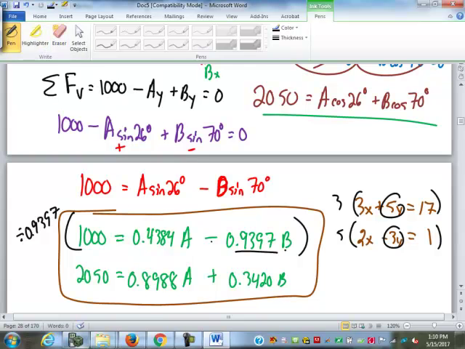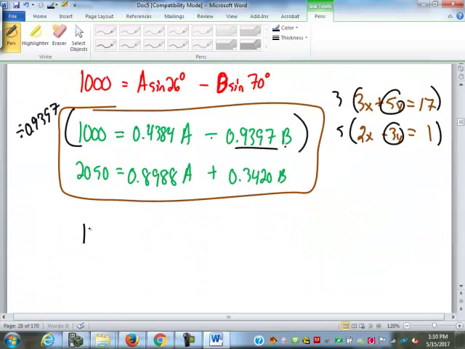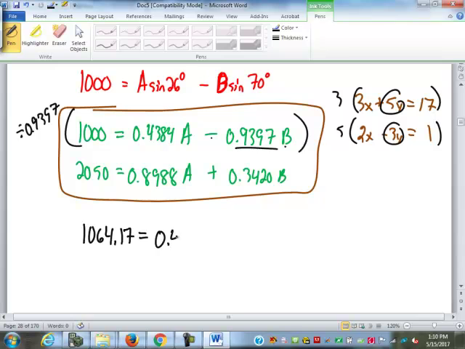So 1,000 divided by 0.9397 is 1,064.17 equals 0.4384 divided by 0.9397, 0.4665A, and then of course B divided by itself, that's just going to be a negative 1B.